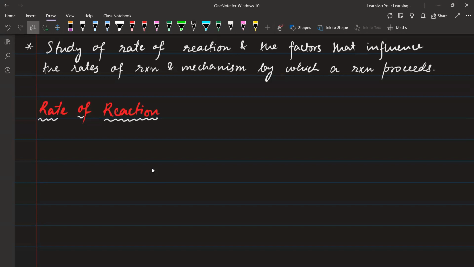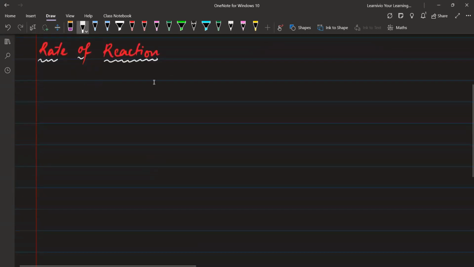Rate of reaction is the first one. Let us suppose we have a reaction in which A plus B is giving us C. How can we study the rate of this reaction? We can either study the formation of product or the consumption of reactant.